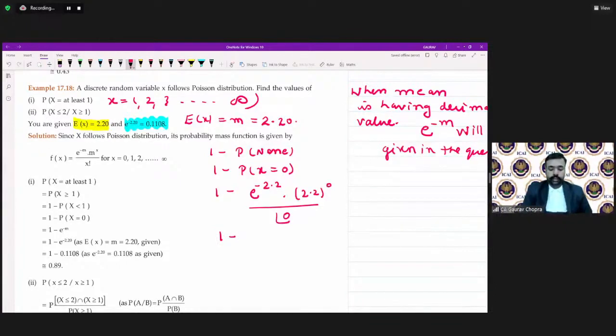So let's put the values: 1 minus 0.1108. So what is the result? 0.89. This is the result for the first part.